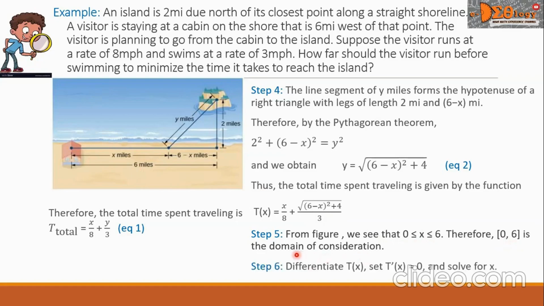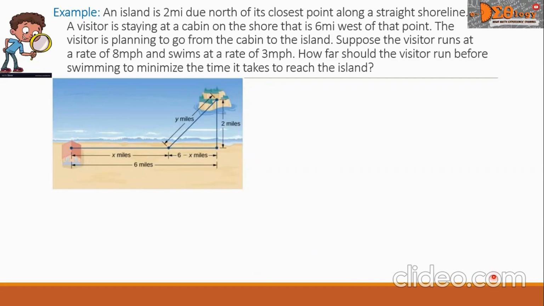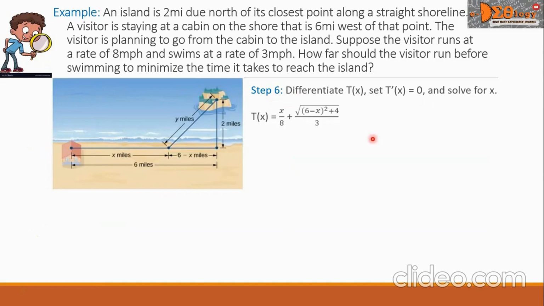Now step 6. We're going to differentiate the function T of x, and then we're going to set this T prime of x equal to 0, and from there we will solve for x. So we write again step 6 in here, and then we write the function T of x. Let us now do differentiation.